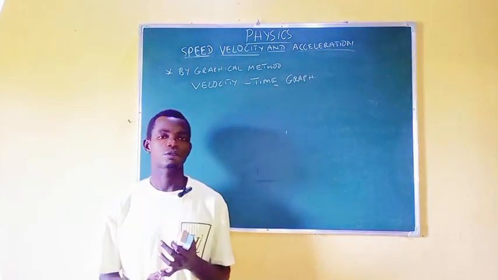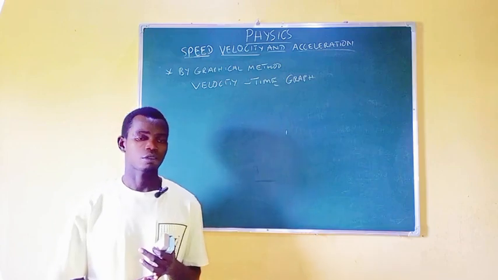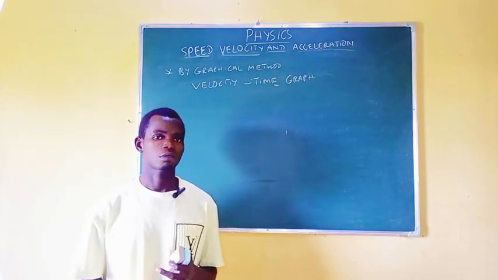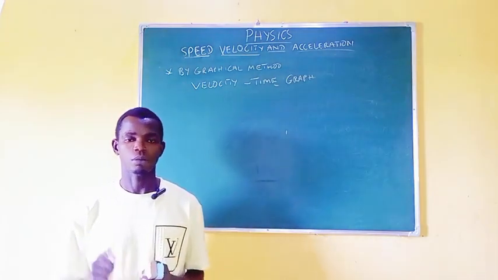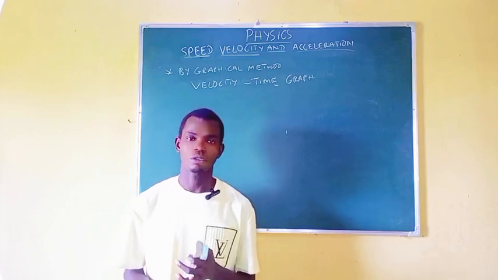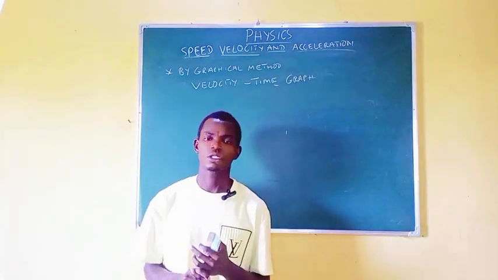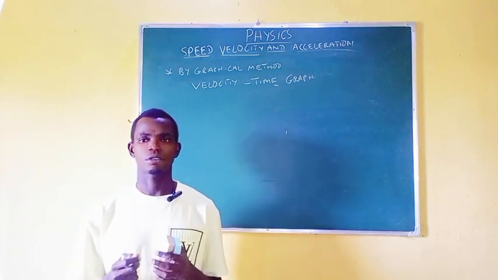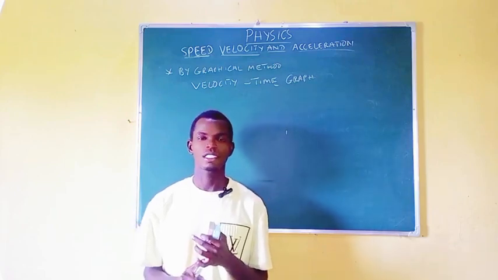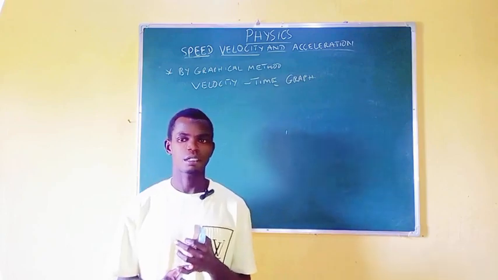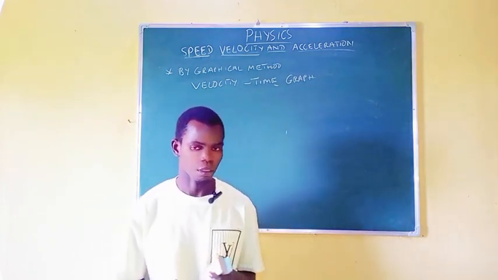We have uniform velocity or constant velocity, uniform acceleration or increase in velocity, and uniform deceleration. What is uniform acceleration? It is the motion of a body whose velocity increases by equal amounts in equal time intervals, however small the time may be.